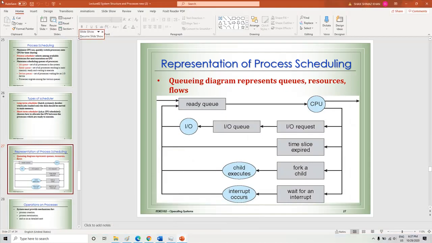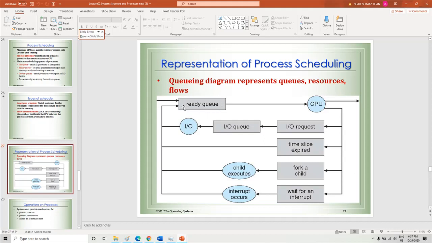Let's say P1, P2, P3 are waiting here. The short-term scheduler, like round robin or FCFS or priority scheduling algorithms, decides the order in which the CPU has to be allocated to the waiting processes in the ready queue.